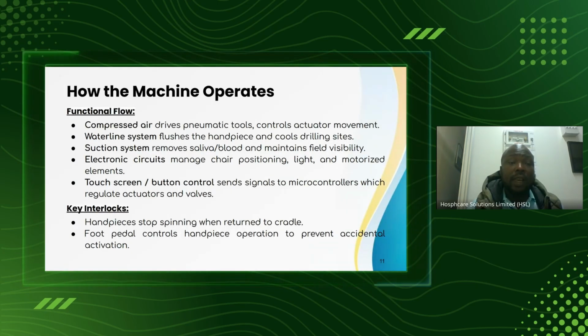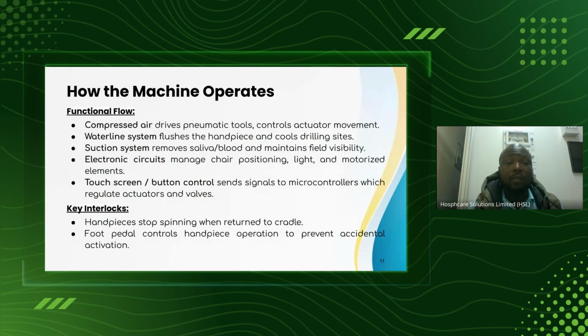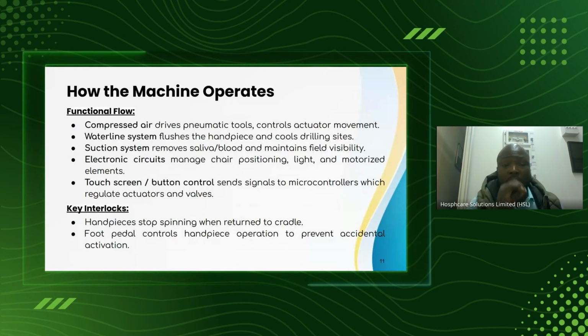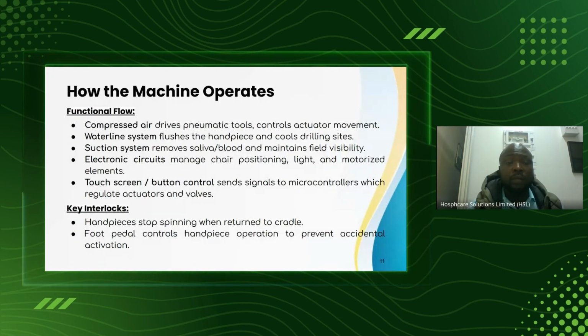On the suction side, as I said, we have the central vacuum system, which is interlinked with the units with an activation switch. Upon activating the valve, sorry, the vacuum comes automatically. You don't have to go and switch it on.